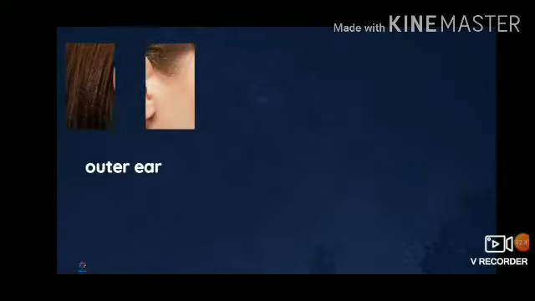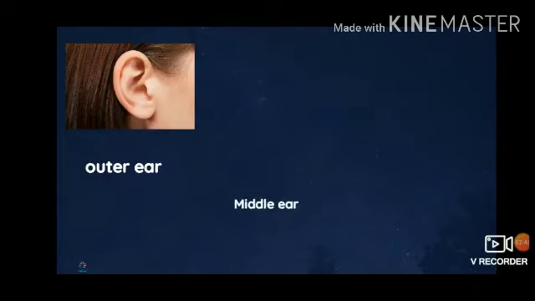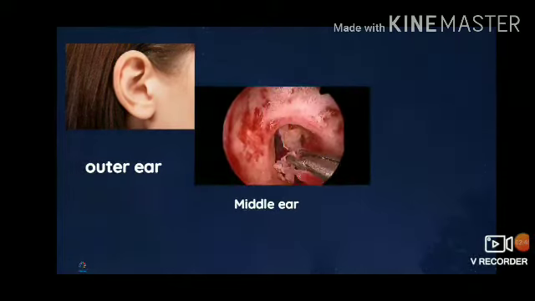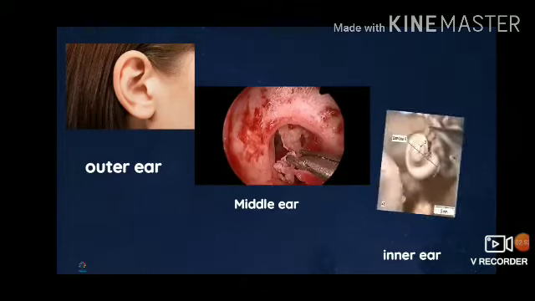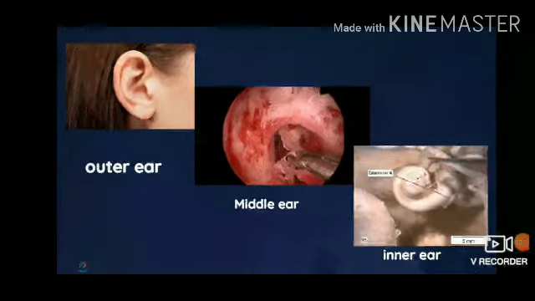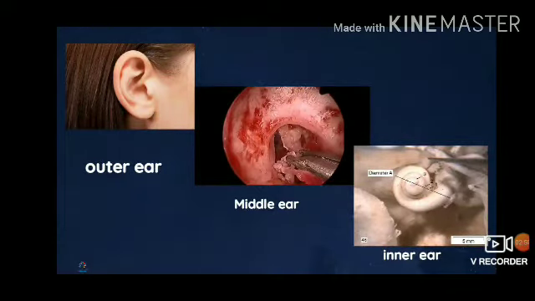This picture shows the outer ear. This one is the middle ear, and this picture shows the inner ear. These were the 3 images of outer ear, middle ear and inner ear.